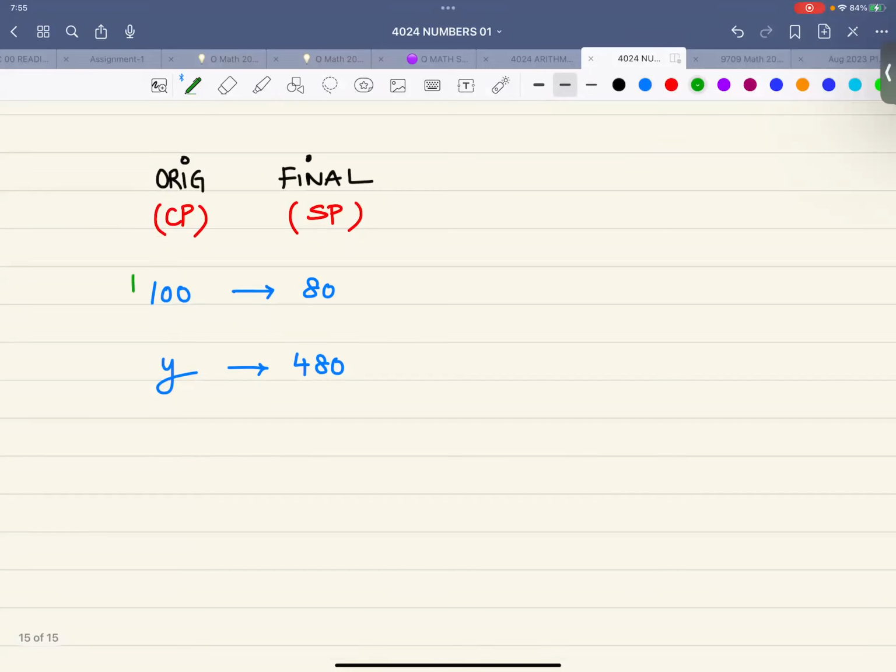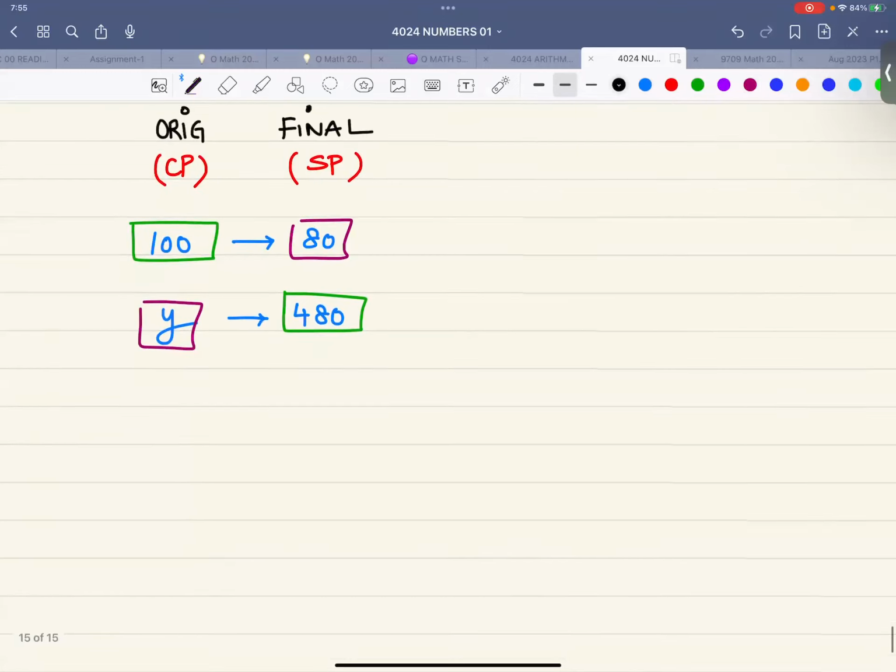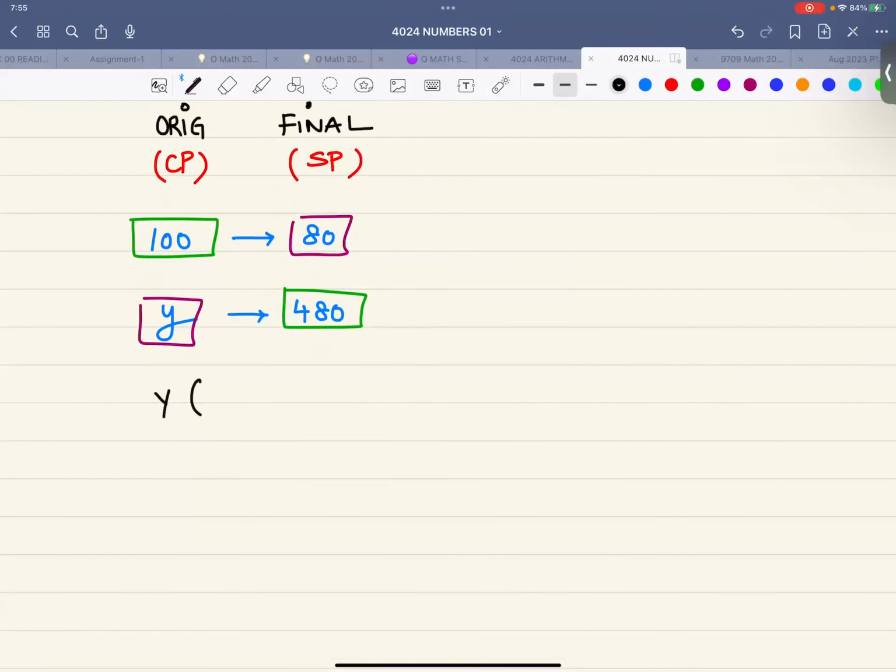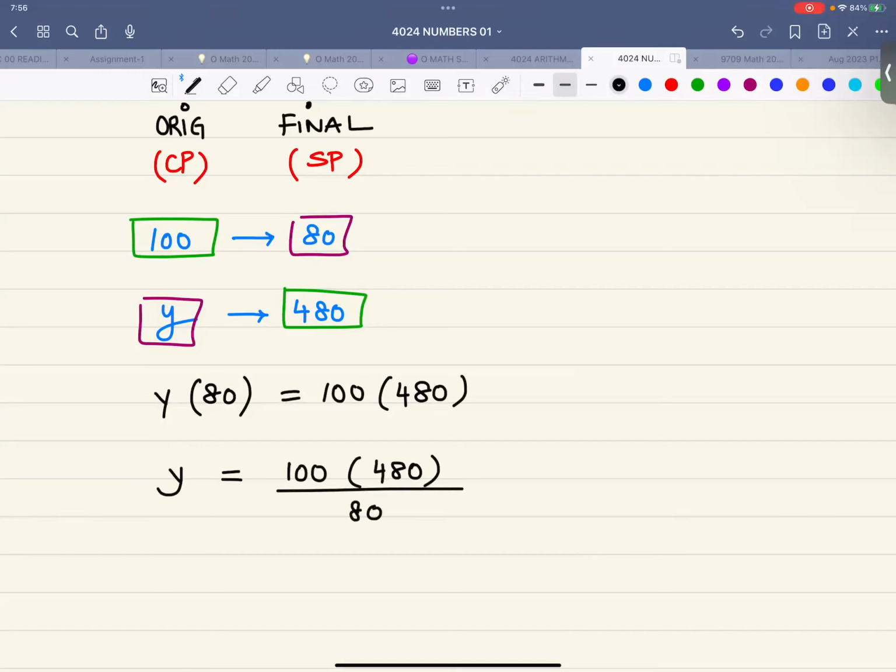So now if I cross multiply, I'll take this 100 and multiply it with 480, and I'll take this 80 and multiply it with Y. So therefore, Y into 80 equals 100 into 480. Now let's make Y the subject. That is 100 times 480 divided by 80.